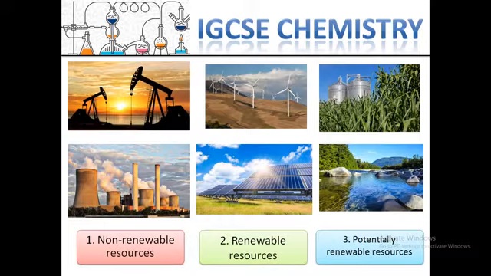This slide shows you some examples, and you can have a visualization of these resources. Non-renewable resources, as you can see, like fossil fuel, can be obtained from the earth or from the bottom of the sea or ocean.